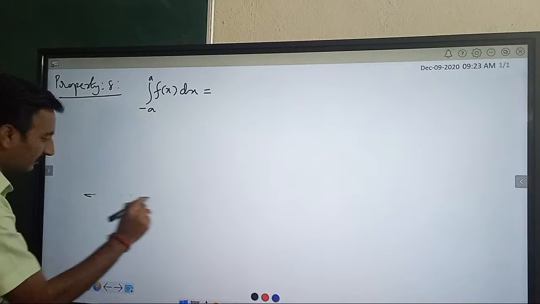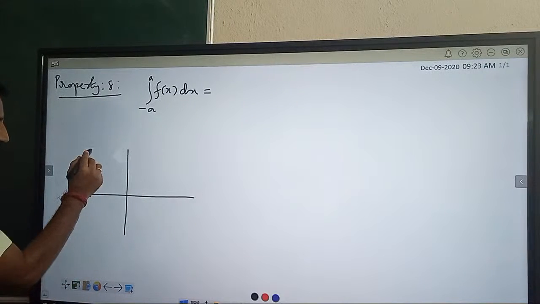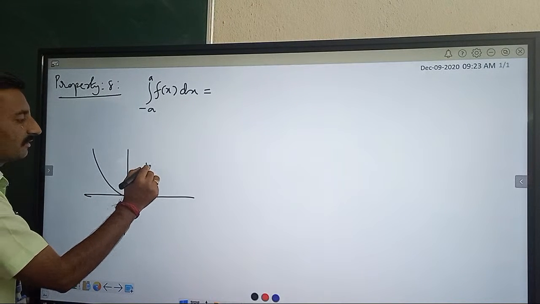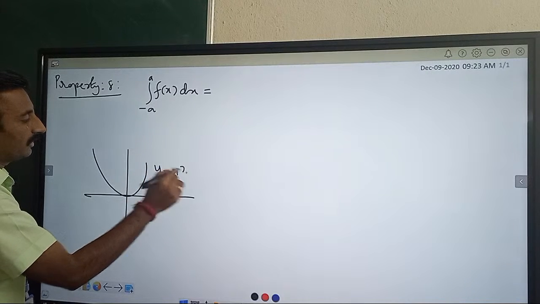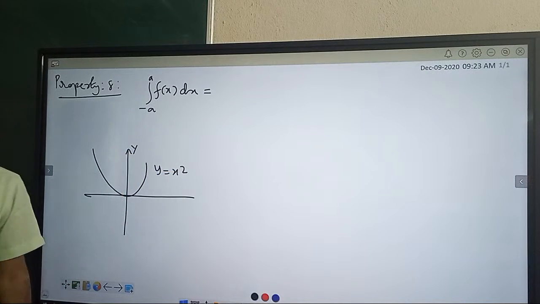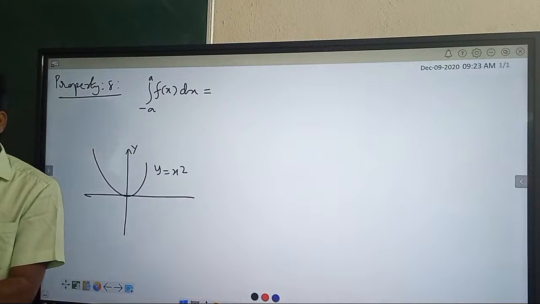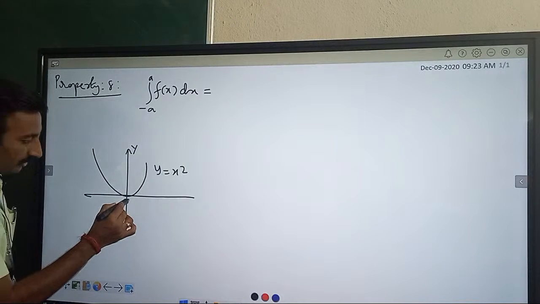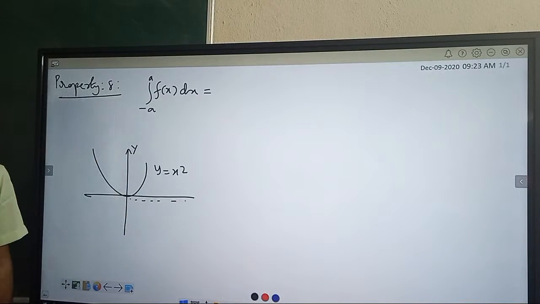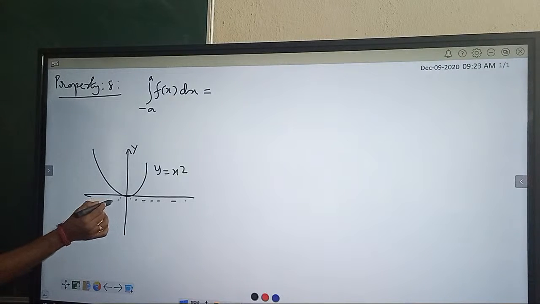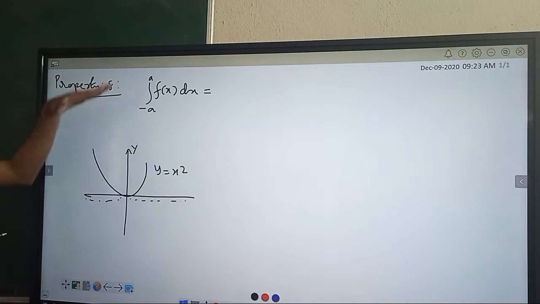Look at this. What is this? It's a curve y equal to x square. Correct? Even though you put the values for x as positive or negative, the y value is always positive.